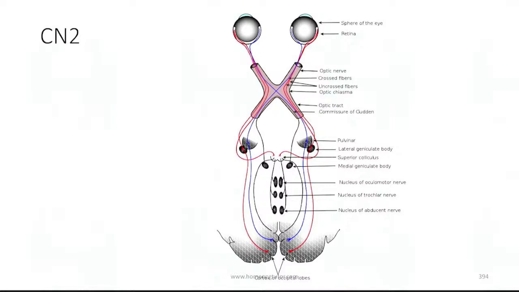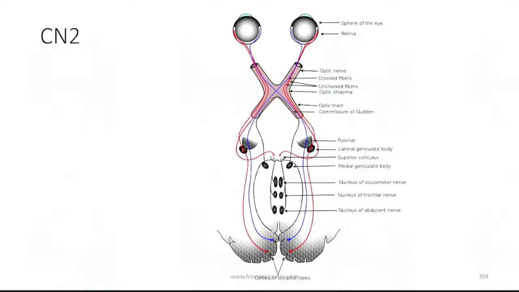Embryologically it originates from the optic vesicle. Now remember, where is this optic vesicle present? It is present within the forebrain itself. It is actually an extension of the forebrain.